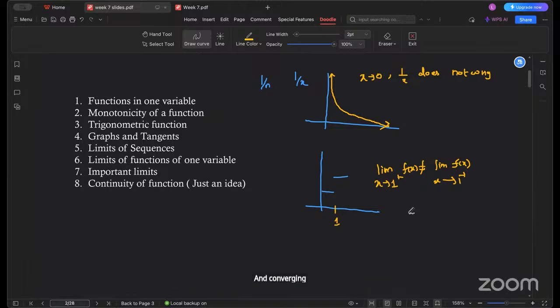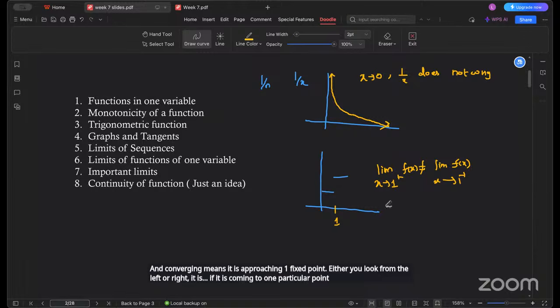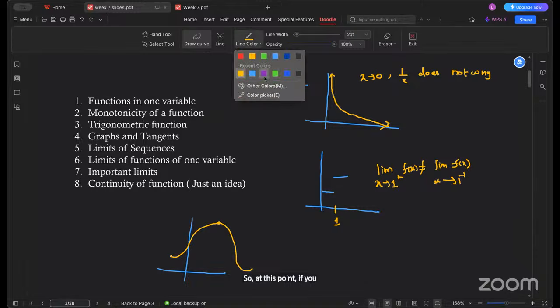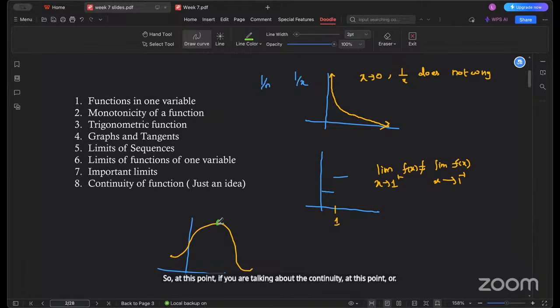Converging means it is approaching one fixed point, either from the left or right. If it is coming to one particular point, then we say it is convergent. For smooth functions like this, at this point, whether you talk about continuity or convergence, either from the left or right, it is converging to the same point. So this is about convergence and divergence.